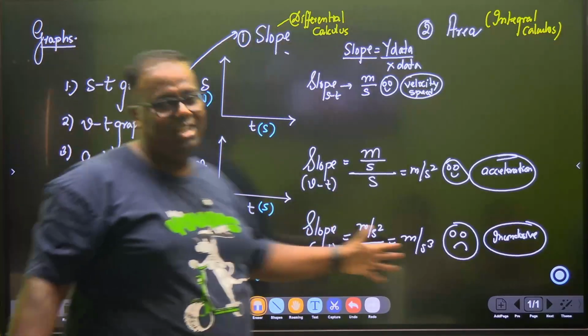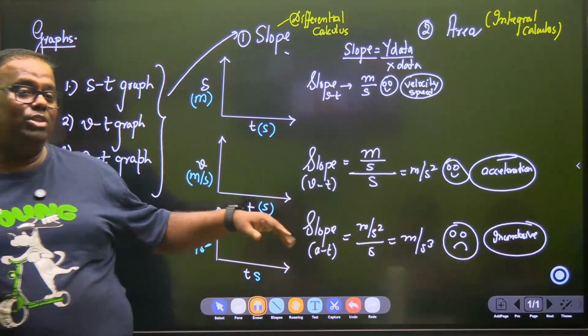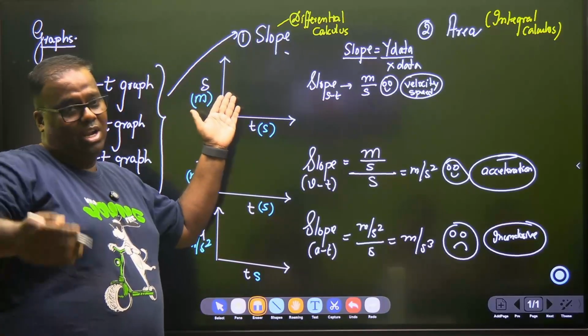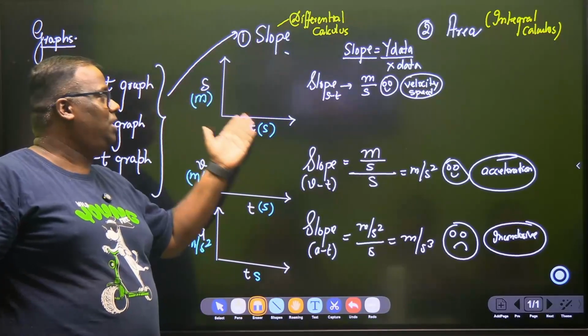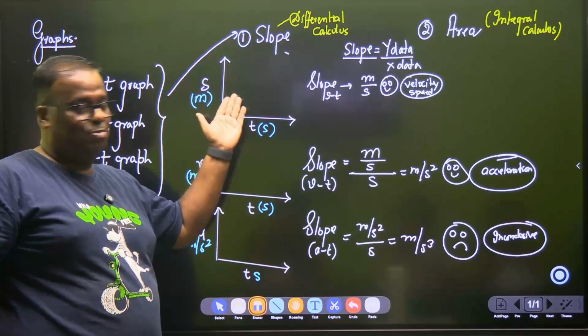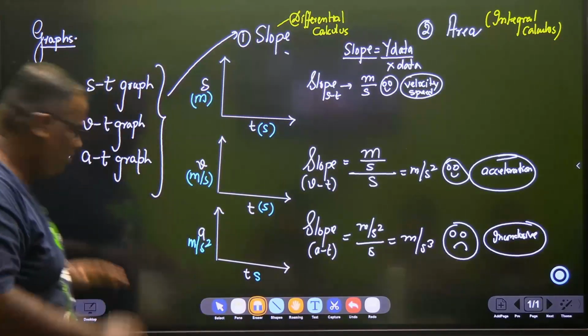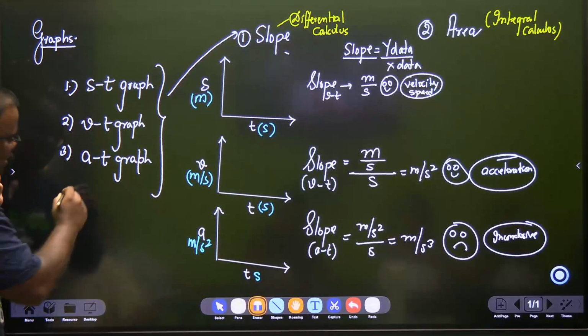We do not study this anywhere. So how does this come? If you want to understand calculus, in dx by dt, x is displacement. Displacement with respect to time is velocity. So it is not in your syllabus, just enjoy.